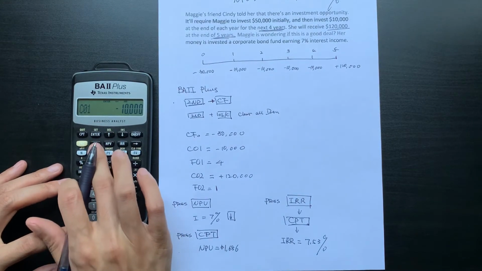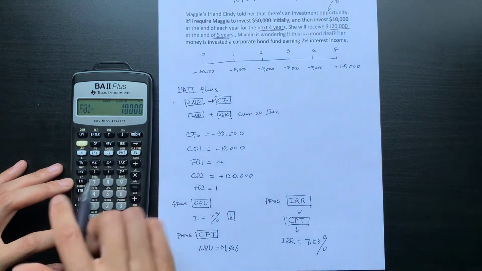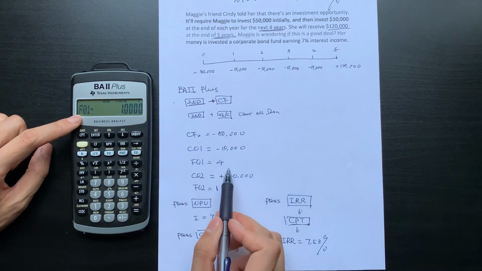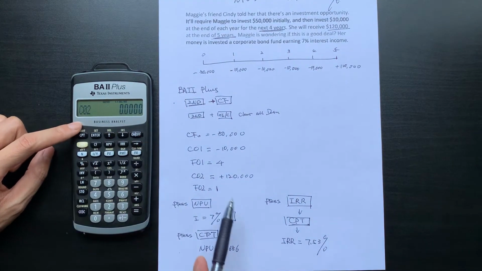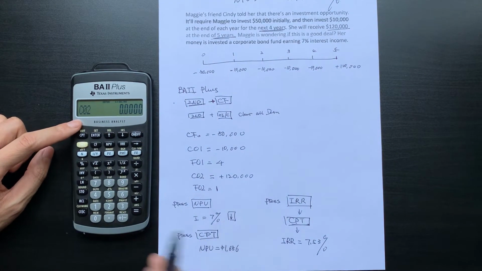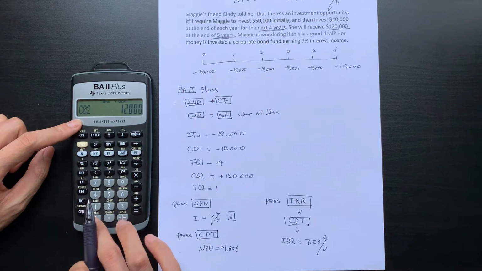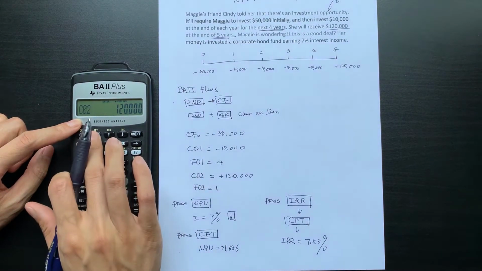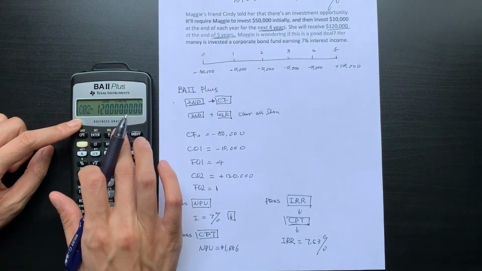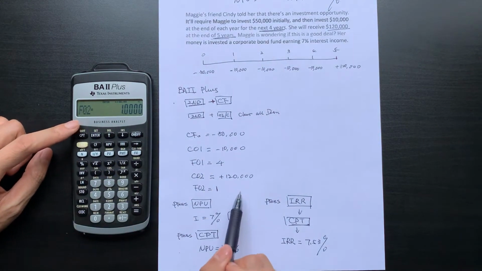Then you enter. Then it asks how many cash flows, which is 4. So you enter. Then this one is the cash inflow, so you don't have a negative sign in front of it. How many cash flows is only 1.